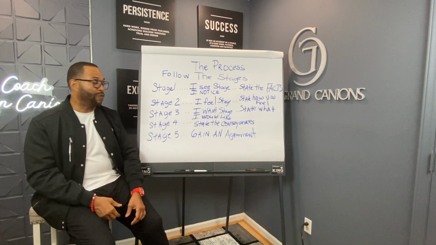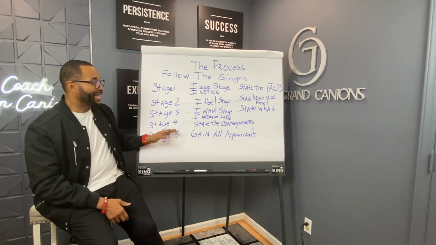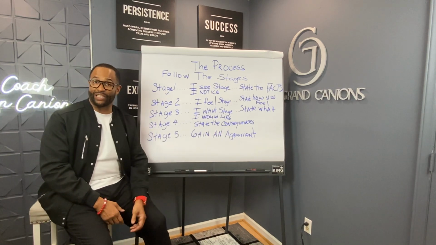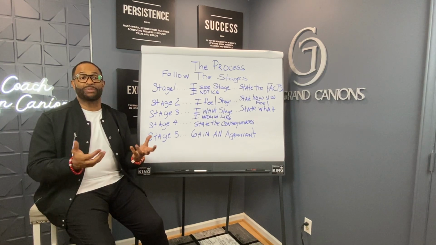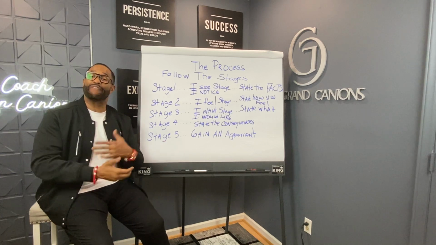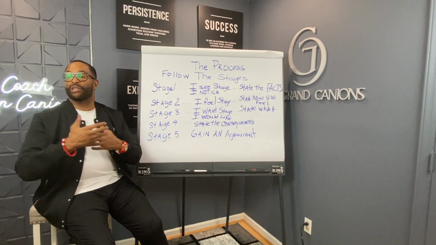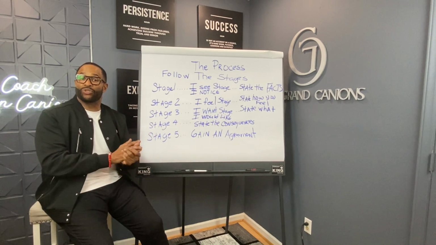Now, stage 4 is the stage that people get confused. It's called the state the consequences stage, right? It's when you say, you know what, if this keeps going, I don't think our relationship can flourish. If this behavior continues, we can't communicate better. There has to be a consequence for what you're doing.